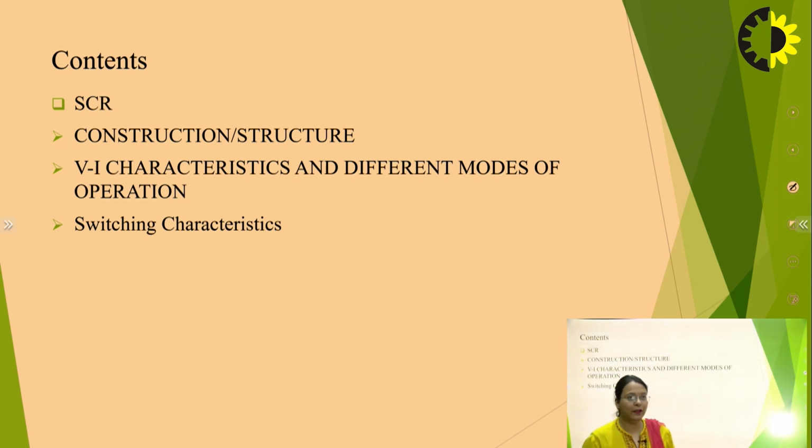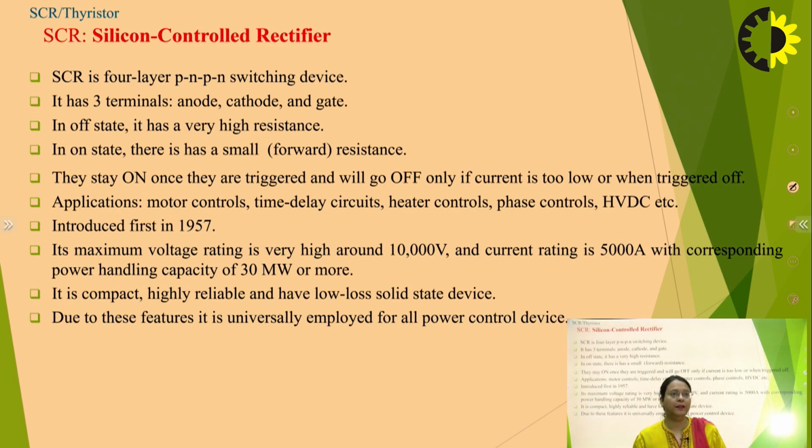Before starting with the introduction of SCR, I would like to tell you about the history of the SCR. From where does it come? What is actually SCR? Basically this SCR belongs to the family of semiconductor switches, semiconductor devices called thyristor, which was first introduced by the Bell Laboratories in 1957.